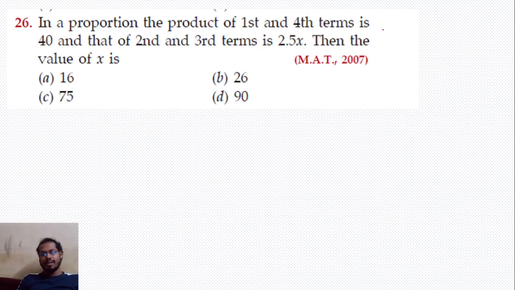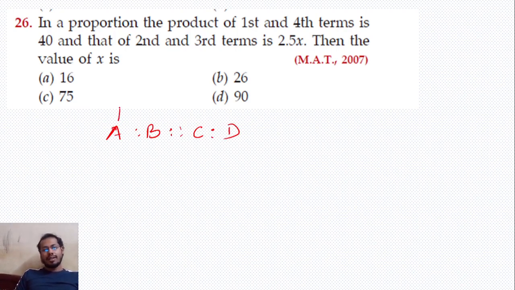Next question. In a proportion, the product of first and fourth term is 40 and that of second and third term is 2.5x. Then the value of x is what? First term, second term, third term, fourth term.